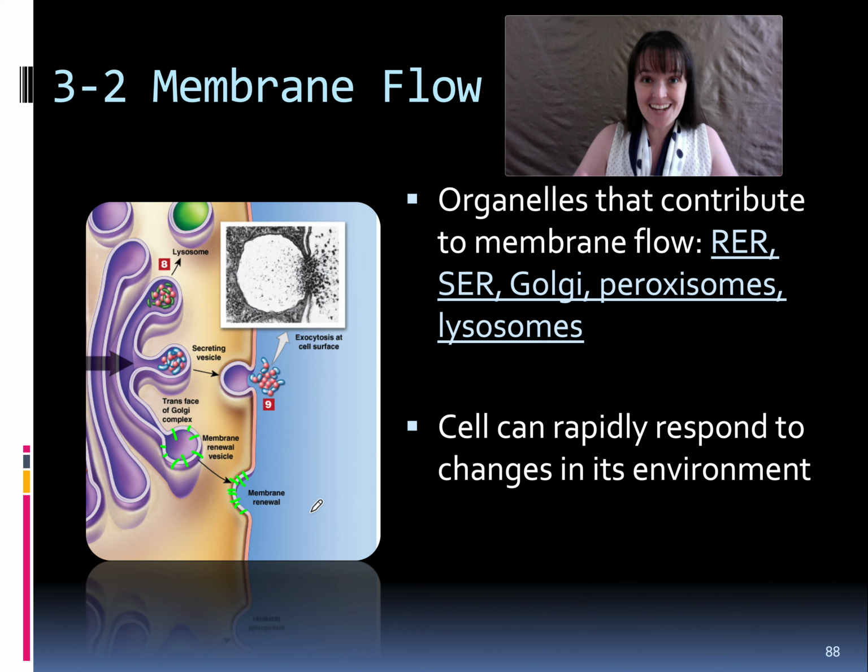Depending on the external environment, they can put out in an hour in an active cell an entirely new membrane with more receptors for what it needs or fewer receptors for what it doesn't need. In fact, we'll name those concepts next semester when we do endocrine for test 2. But it's really cool that all of these organelles can work together to build you a whole new membrane to respond to the changes in reality. So I still think that's cool.